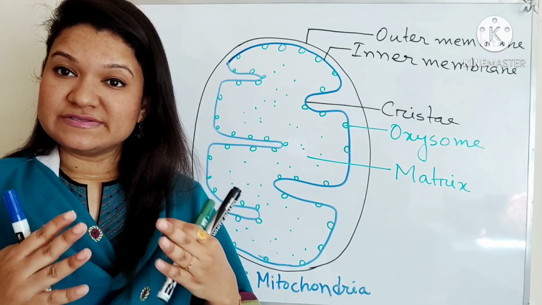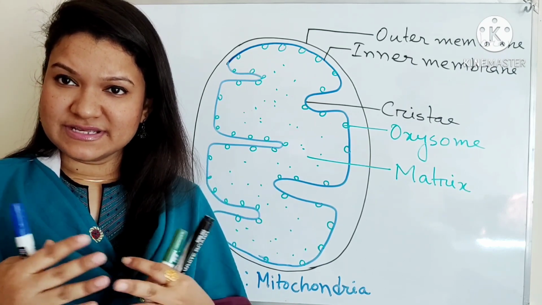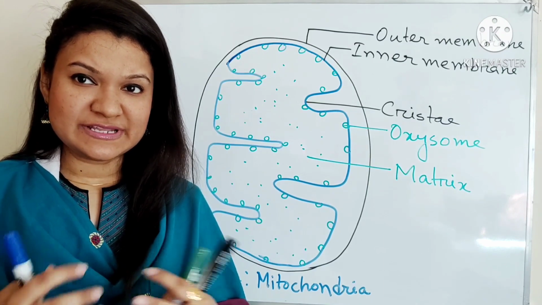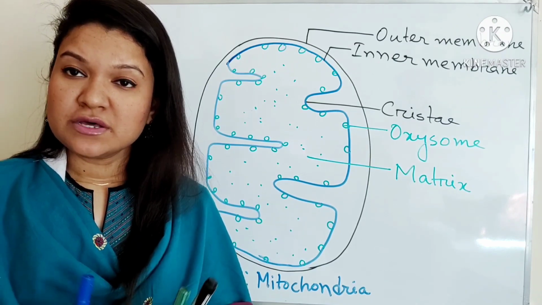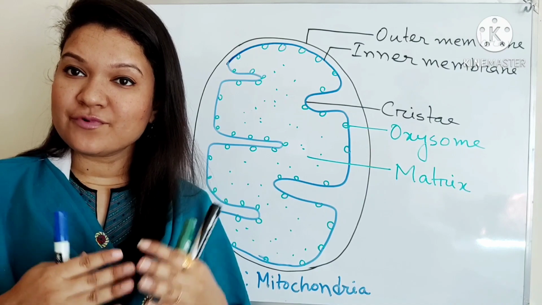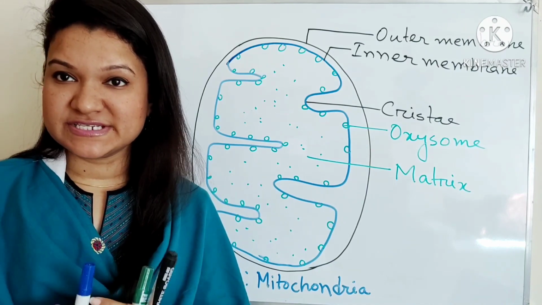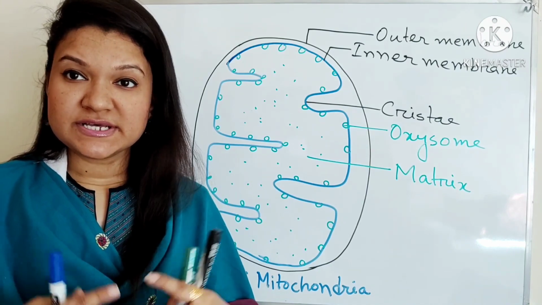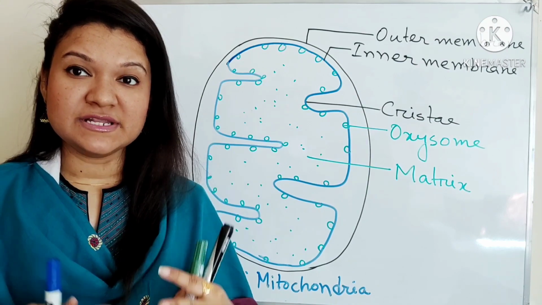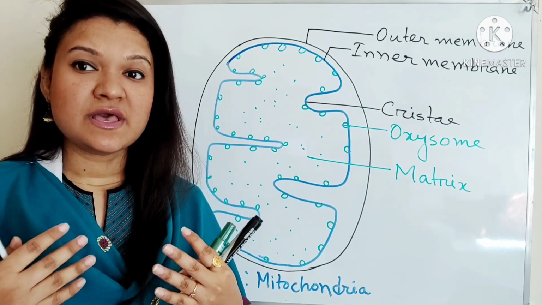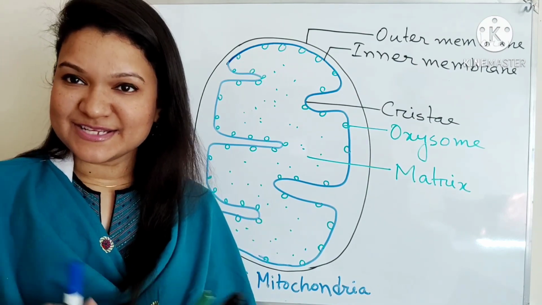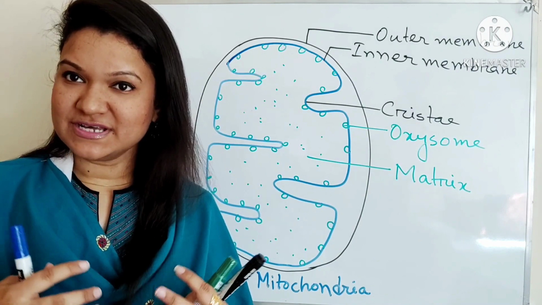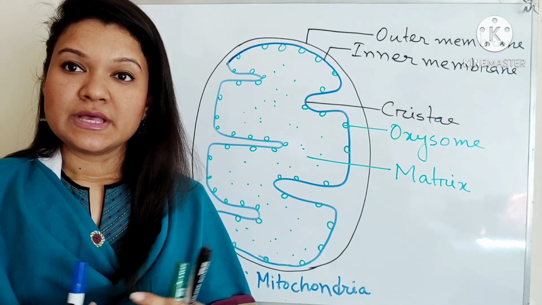You will learn in detail about respiration later, in the next chapter. So respiration has 4 stages. The first 2 stages occur in the cytoplasm, but the last 2 stages, that is the Krebs cycle and electron transport system, occur in the mitochondria.